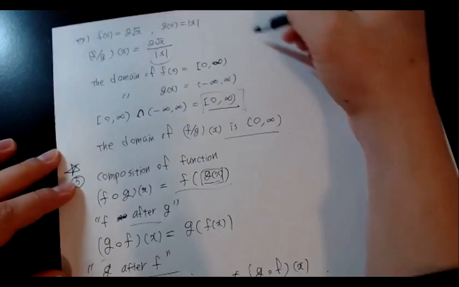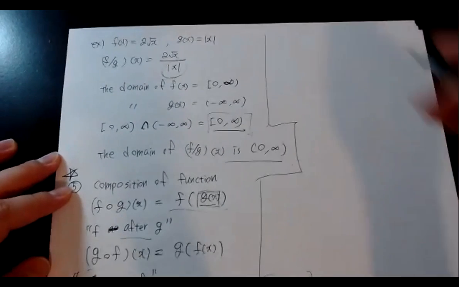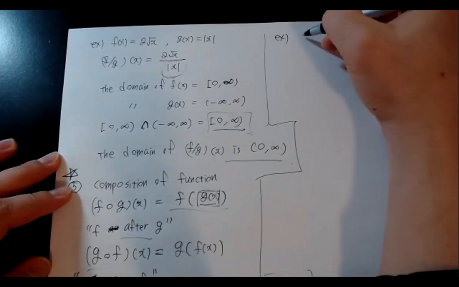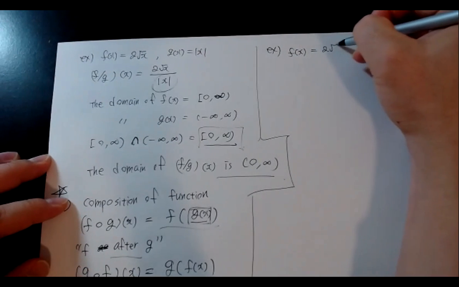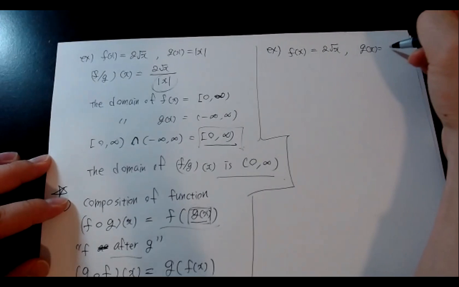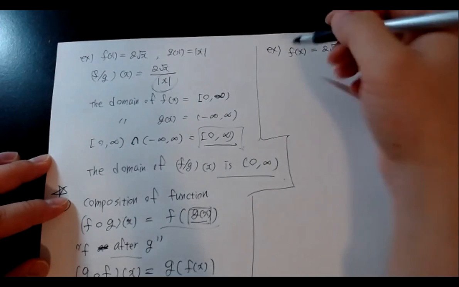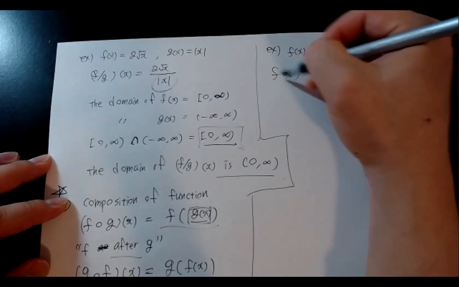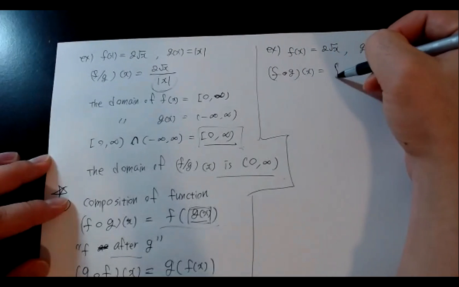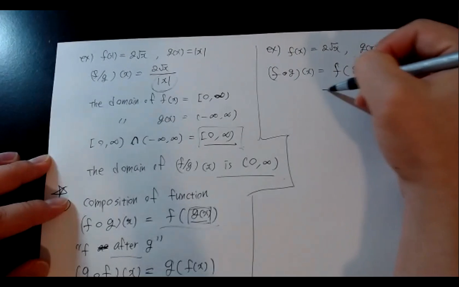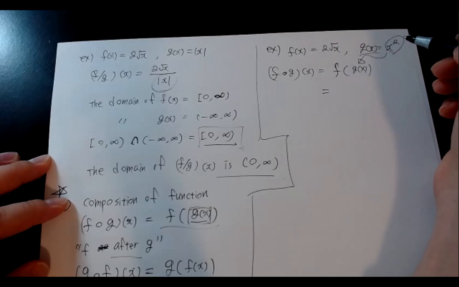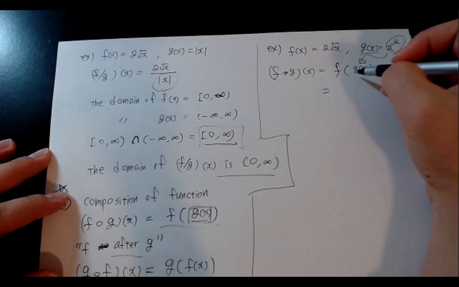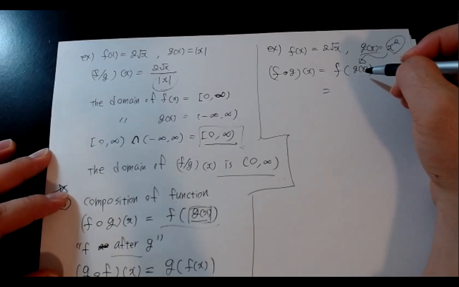So this example. Let's say f of x is defined by 2 times square root of x, and g of x is defined by x squared. Then f after g of x is going to be f of g of x, right? Now we plug the equation of g, x squared, into here. Replacing g by x squared, we get f of x squared.